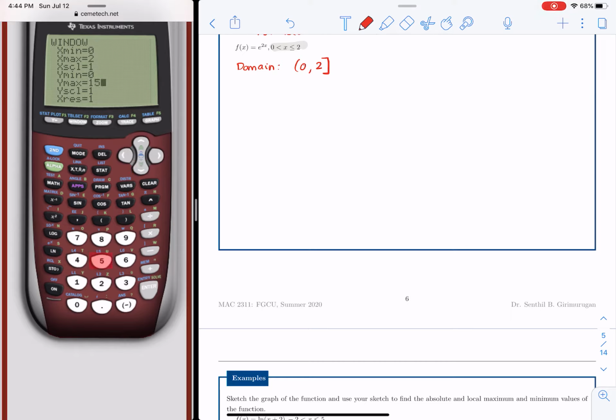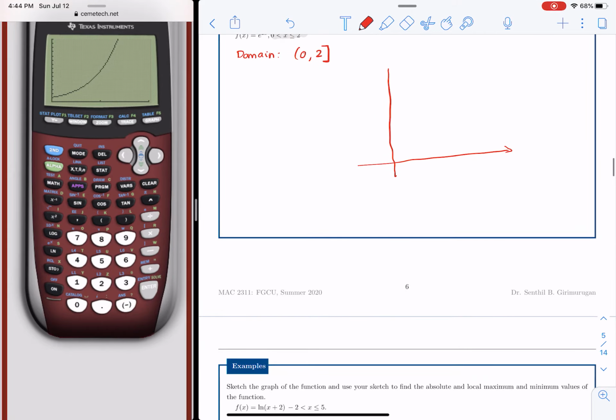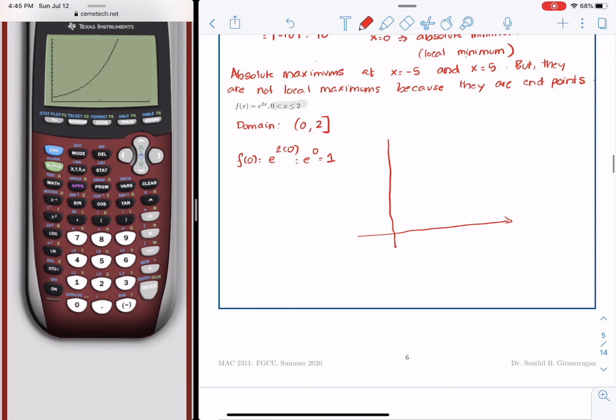I guess I'll put 15 and graph. Okay, so that's the graph we have. f of 0 is e raised to 2 times 0, which is e raised to 0, we get 1. And f of 2 is e raised to 2 times 2, which is e raised to 4.